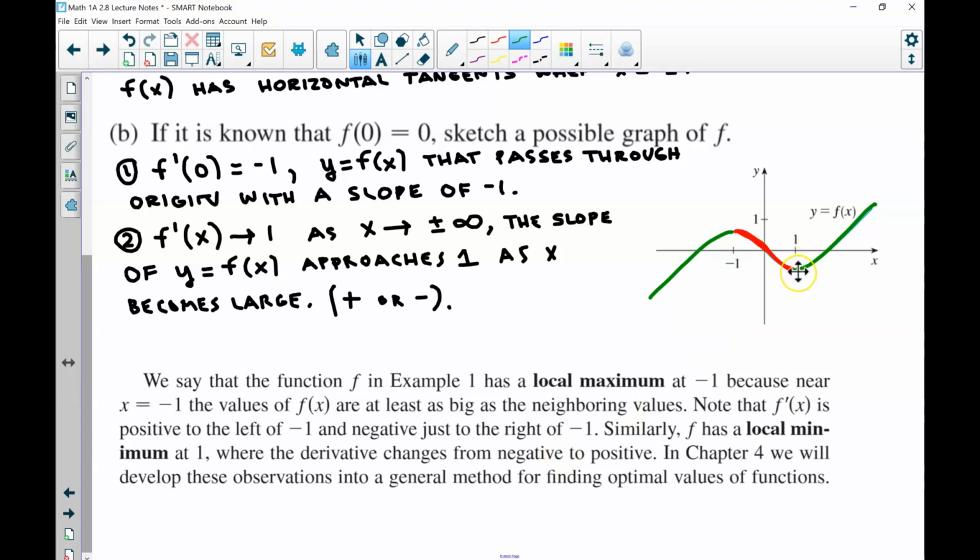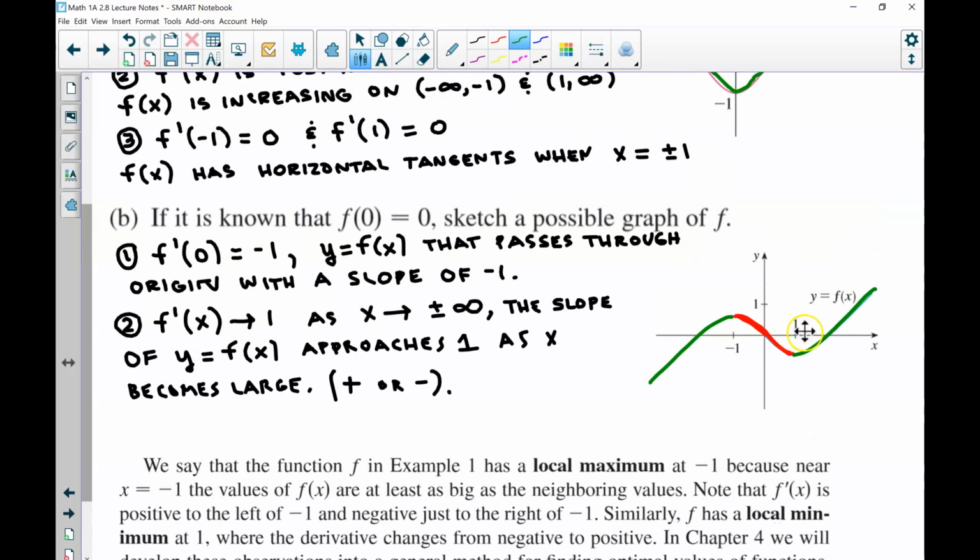Similarly, f has a local minimum at x equals 1, and that's where the derivative changes from negative to positive. In a later chapter, chapter 4, we will develop these observations into a general method for finding optimal values of functions, but it's important to make note of that right now.